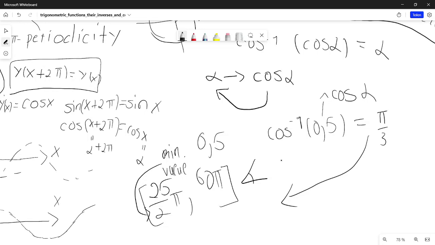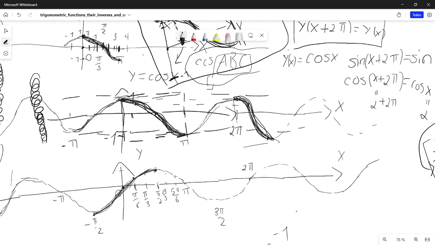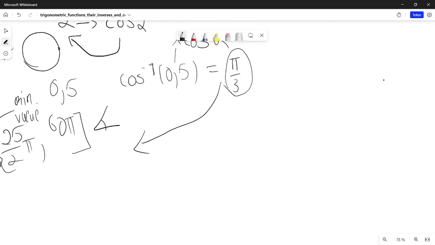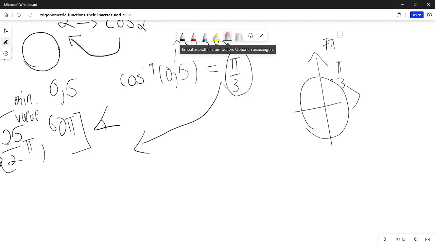And don't confuse the points. The points are all the same, right? But the number values are just like on the axis. They go and go and go. So pi third is not the same. Pi third here, and that is also here. 2 pi plus pi third is 7 pi. Sorry, it's 5. No, no, 7 pi third.